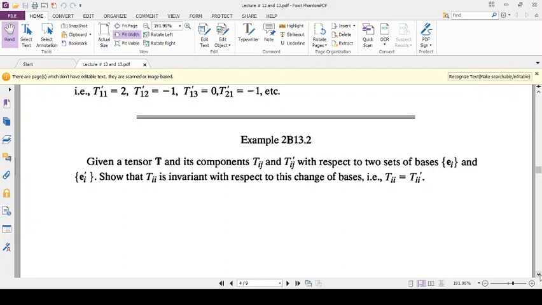Now this is an example which is telling us that Tii is an invariant quantity with respect to the change of basis. Invariant means that its value will not change.